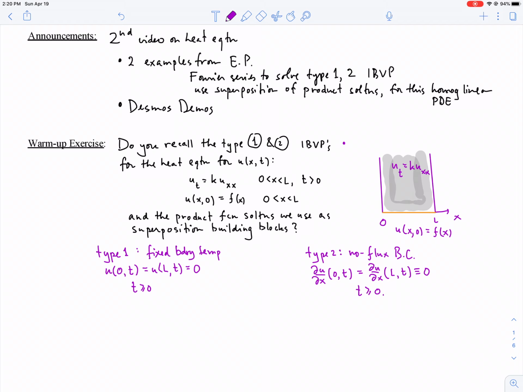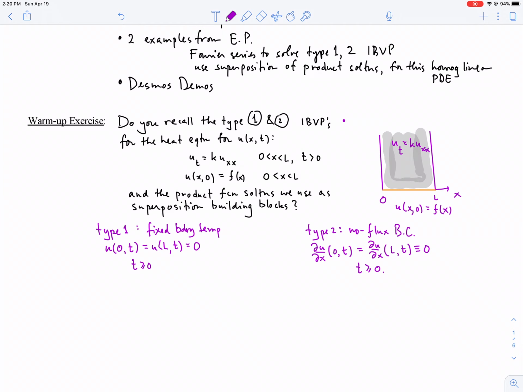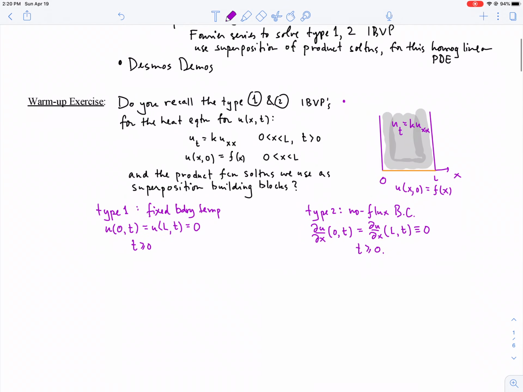Okay, and in the last lecture, we studied product solutions of the form a function of x times a function of t. For the function of x for type 1, we had to get, and this was an eigenvalue problem for the second derivative linear operator, that the x functions were sine of n pi over L x.